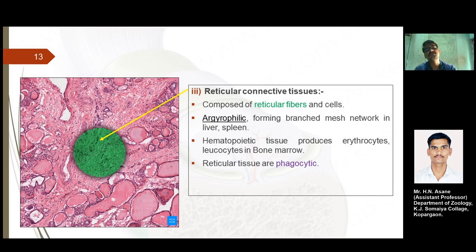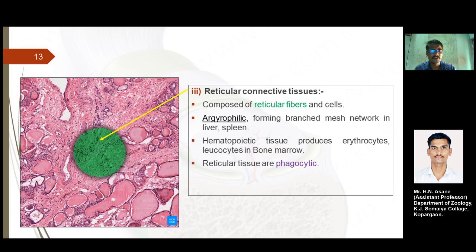In upcoming lectures we are going to see how hematopoiesis occurs, how erythrocytes, that is the red blood cells, originate, or leukocytes, where different types of white blood cells originate, and which sort of bone marrow or which bones produce the erythrocytes or leukocytes. So you have to stay tuned.